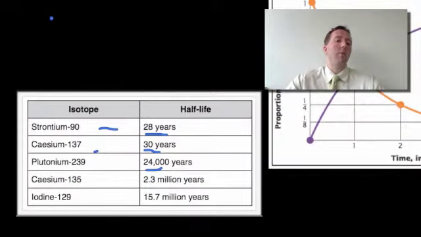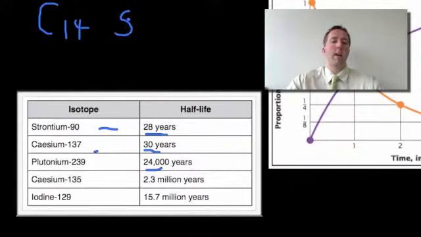Carbon-14 has actually got a half-life of, I think it is, 5,730 years.